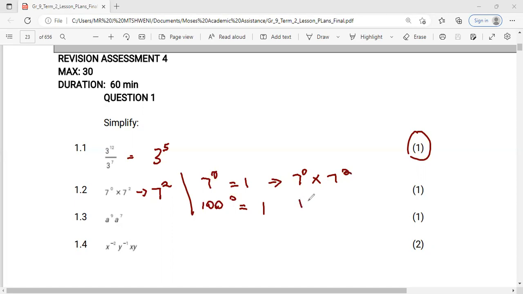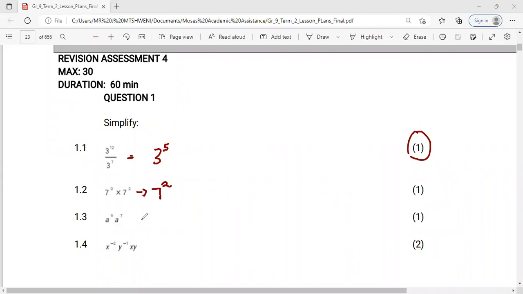That means this is 1 times 7 to exponent 2, and 1 times 7 to exponent 2 still remains the same. That's what I'm trying to emphasize. I hope you are all aware of that. That's why the answer is 7 to exponent 2. All right, let us continue, guys.